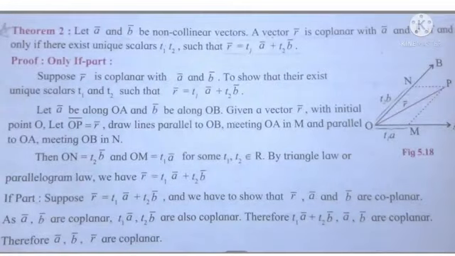Now we will see a theorem based on this coplanarity. See what the theorem is. If A bar and B bar are non-collinear vectors, a vector R bar is coplanar with A bar and B bar if and only if there exist unique scalars T1 and T2 such that R bar is equal to T1 A bar plus T2 B bar.